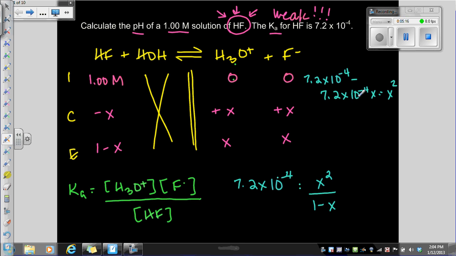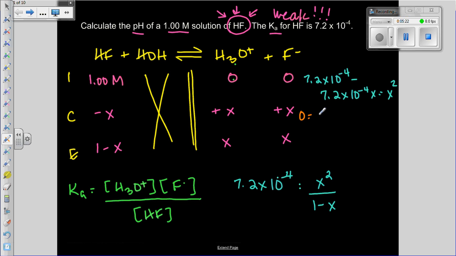I want to get everything on the same side, so I'm going to move both of these to the side with x. So it's going to be 0 equals x squared plus 7.2 times 10 to the negative fourth x minus 7.2 times 10 to the negative fourth. Okay, now I'm going to have to use the quadratic.